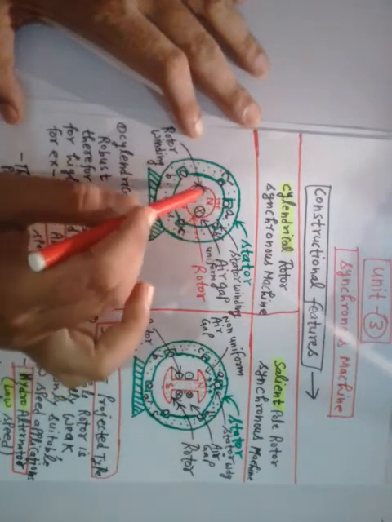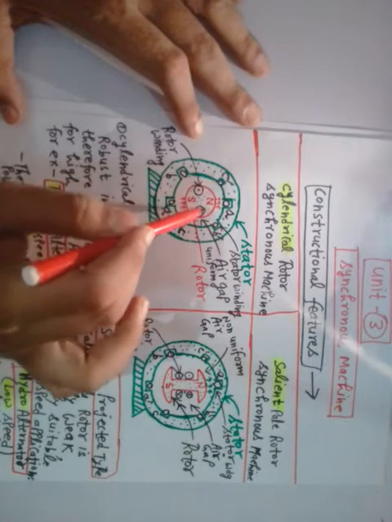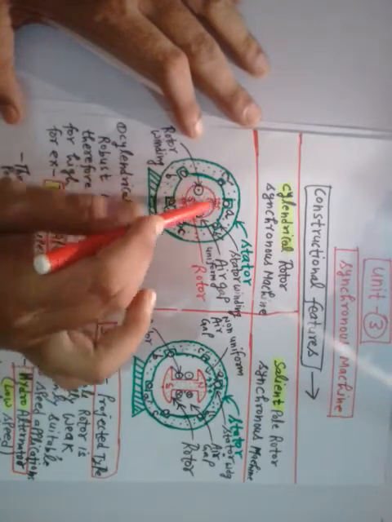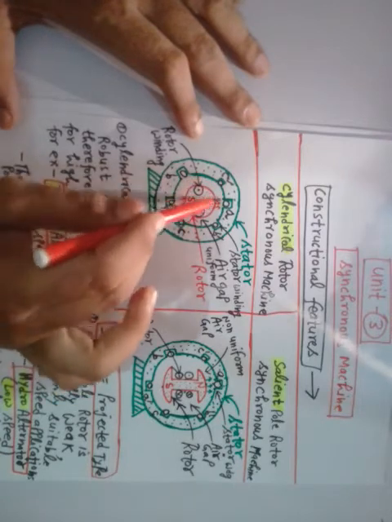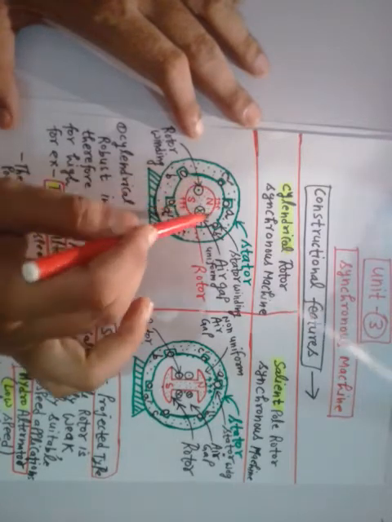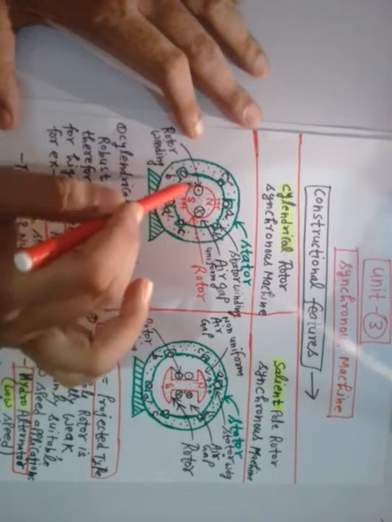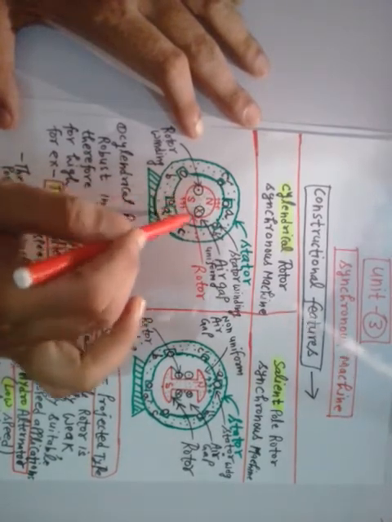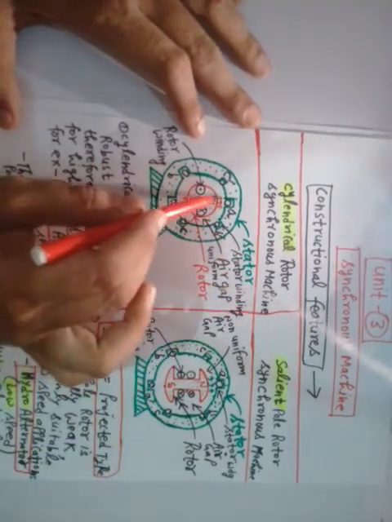In between this stator and this rotor, there is a gap. This is called the air gap, which is basically uniform if it is a cylindrical rotor synchronous generator.